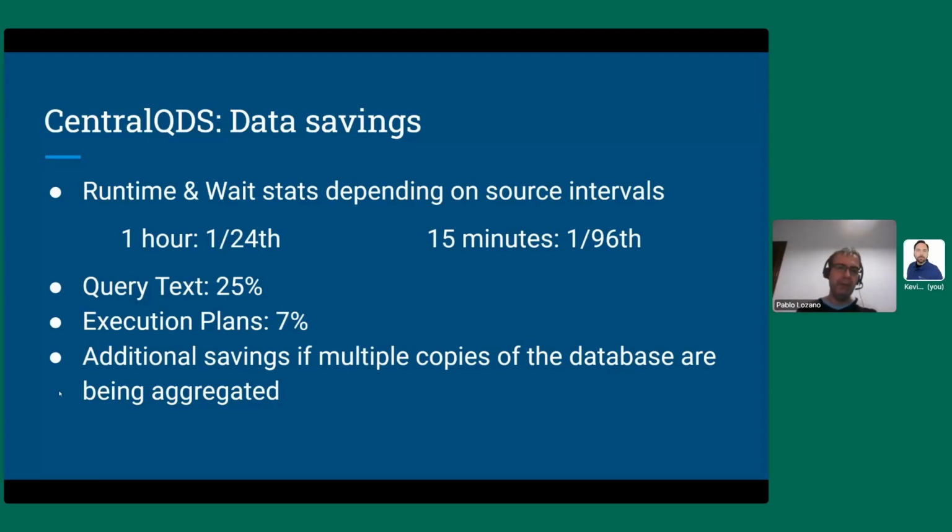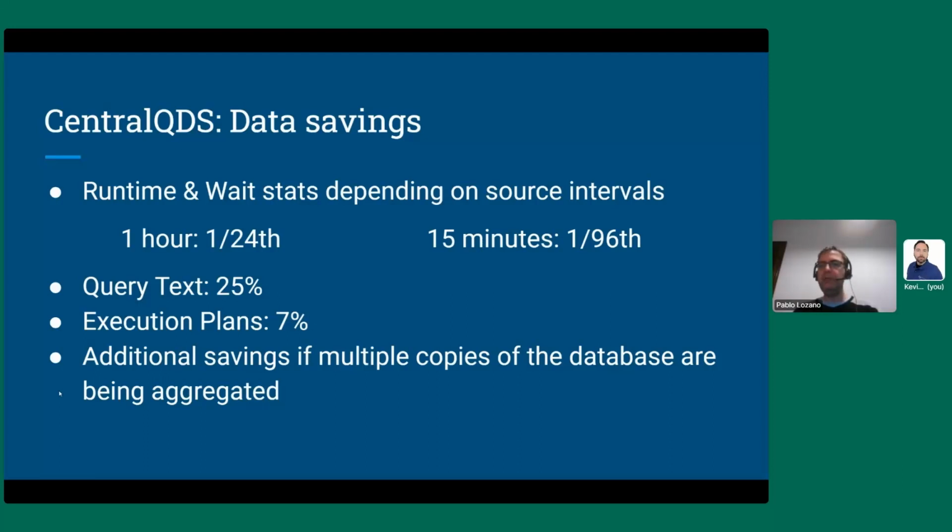So this will be for the database level, but at the database set level, this will get all the query text for each database, all the execution plans for each database, and remove duplicates. So if you have 100 queries, you are only storing one query text instead of 100 query texts, and you are only taking 1/4 of the query text space.